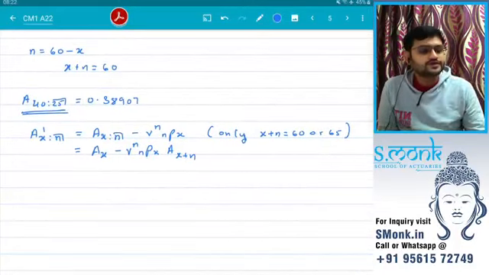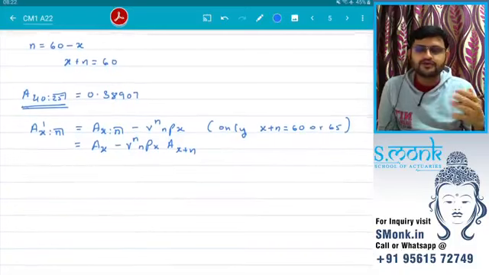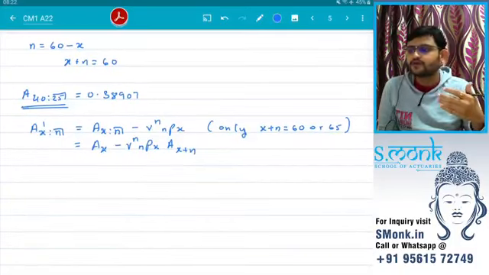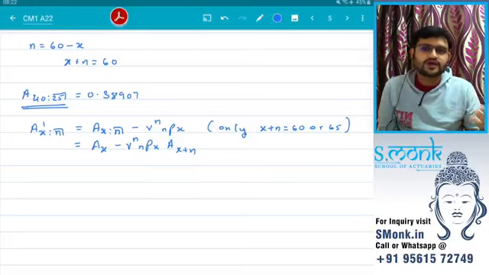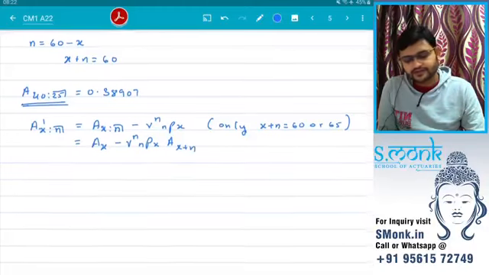Now in all of these cases, all the 5 different assurances that we saw, we took that our benefit is payable at the end of the year of death. Now in practical life, the family might not be waiting for so much time so that the payment will always be given on 31st December, right?